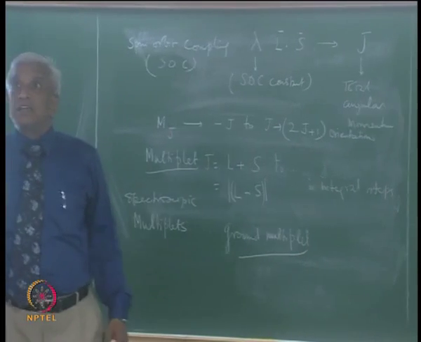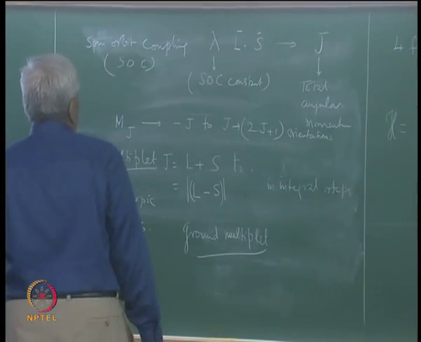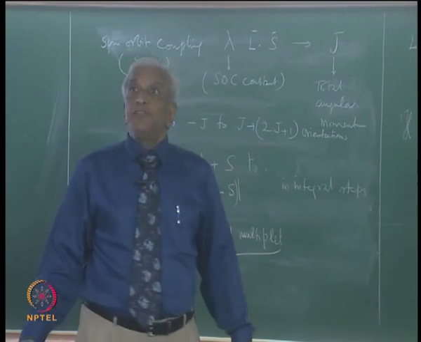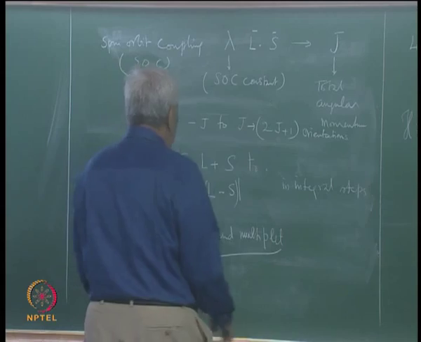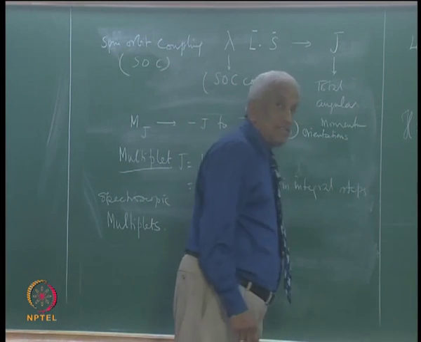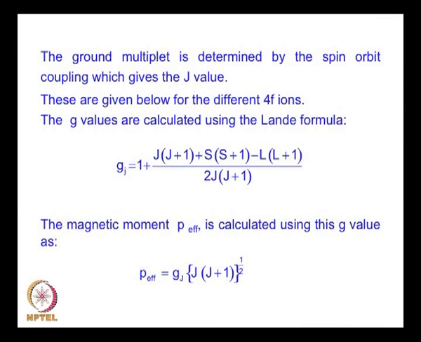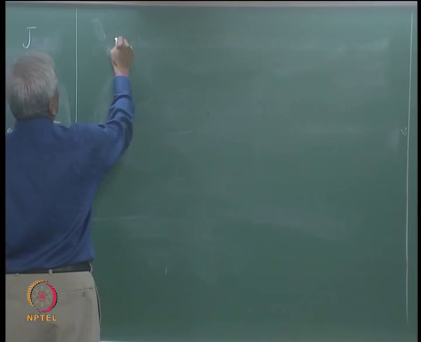So, the magnetic ground state is determined by the multiplet which lies lowest, on account of the fact that the excited states are normally not appreciably populated under ordinary conditions of temperature and magnetic field. So, it is only the ground multiplet which determines the magnetic ground state and hence the magnetic behavior.